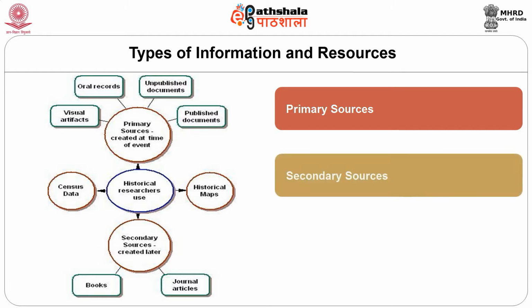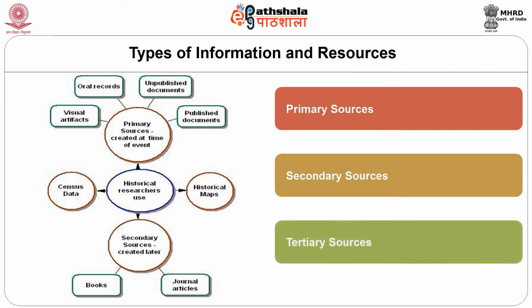Then we have secondary sources, which are digested sources of information, again present as web resources. And then tertiary, which is again directories and directory structures, and bibliographies, which are also present on the internet. But the only difference on the internet is the type of resource.